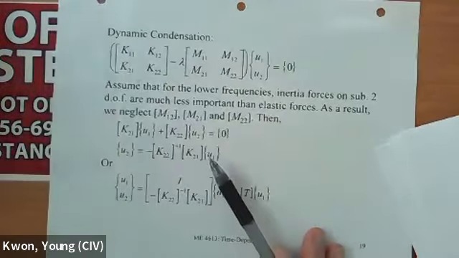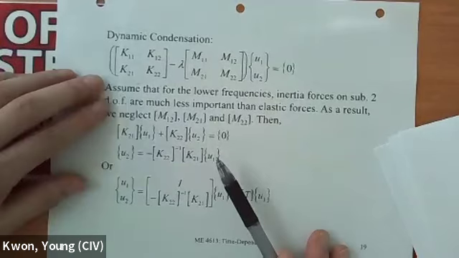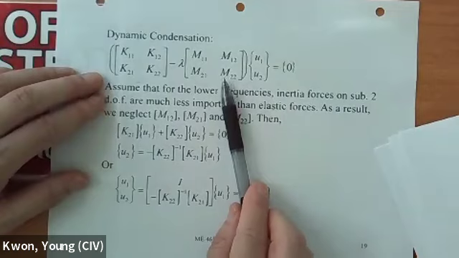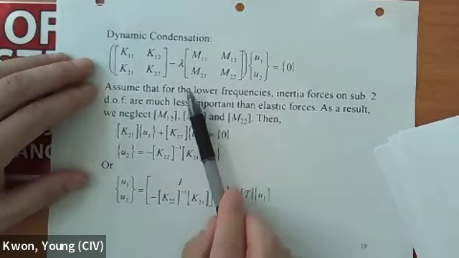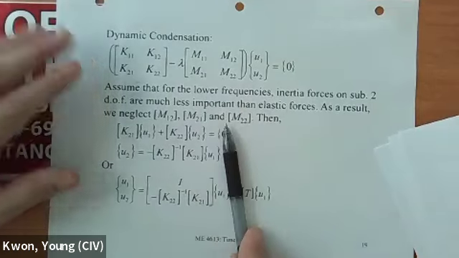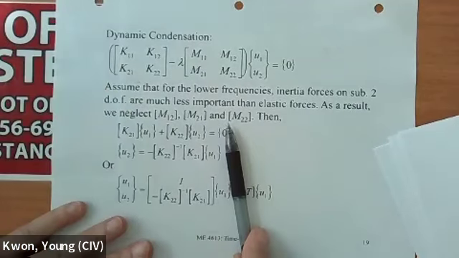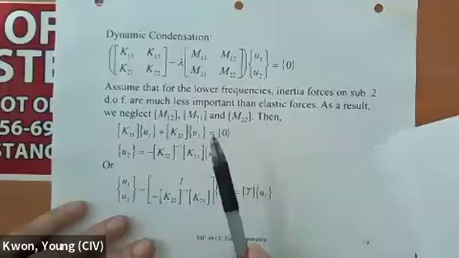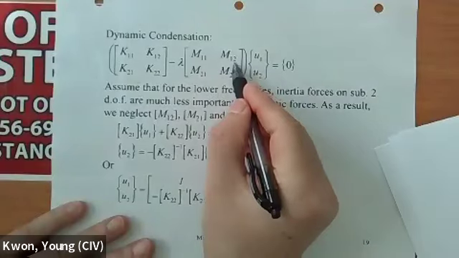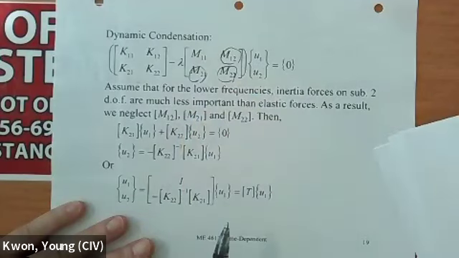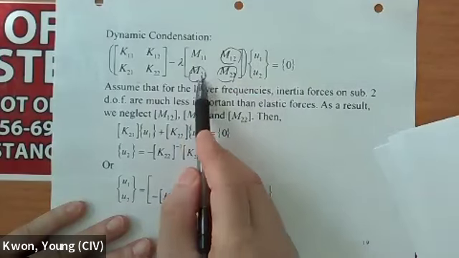But here, unfortunately, there's no simple exact condensation technique, so we have to do some approximation. I'm going to talk about this first, and then show an example of how we can apply it. So let's say that any mass associated with the subscript 2 is negligible. So we ignore this.